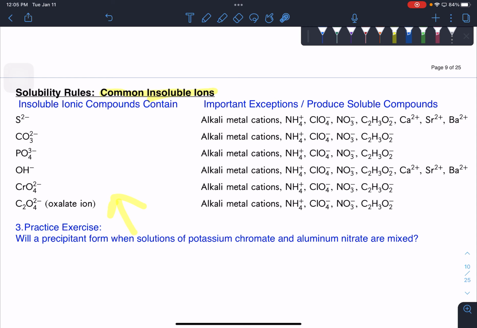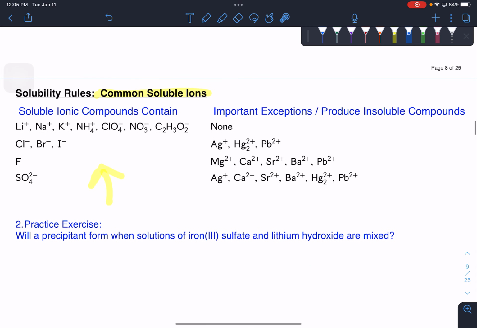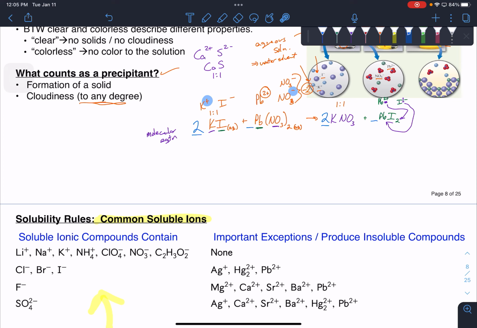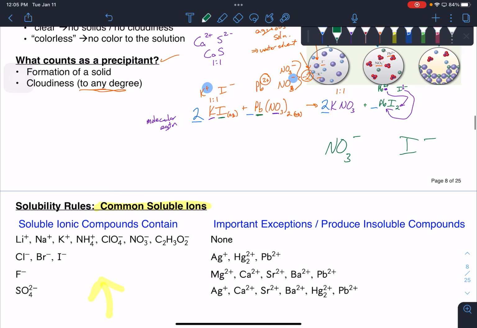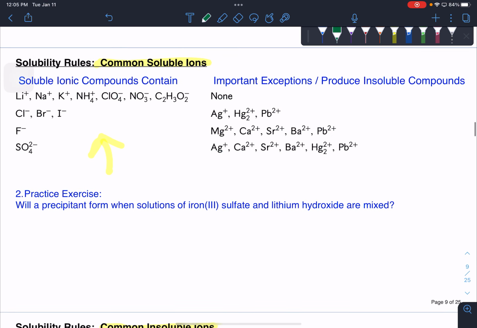But the reason why I'm focusing on this side and that side is that you're primarily looking at anions, things with a negative charge. So if I look at my anions up here, it's really nitrate and iodide where I want to start. So if I go looking for nitrate, I find it in that first table.